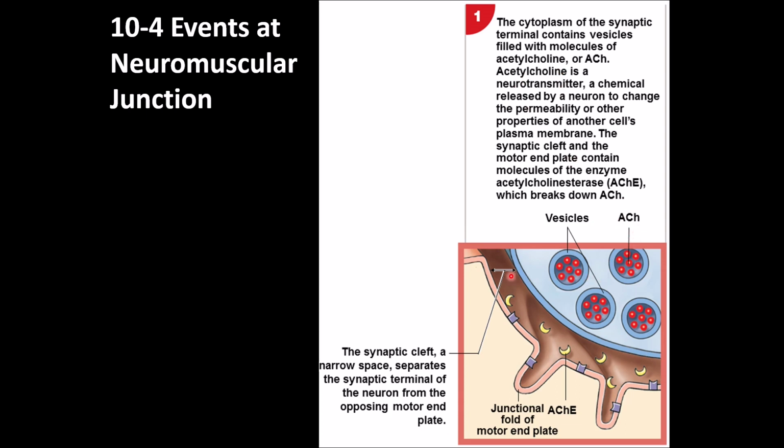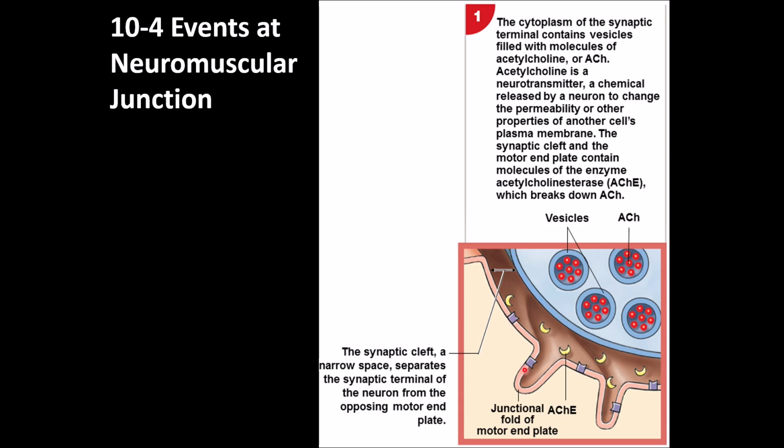It's a chemical. Then you have the plasma membrane of the muscle. This is the T-tubule of the plasma membrane. This is also called the postsynaptic membrane. And the area in between is called the synaptic cleft, a space between the presynaptic and postsynaptic membrane.